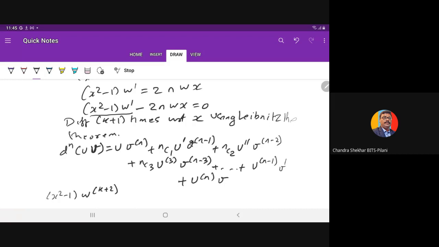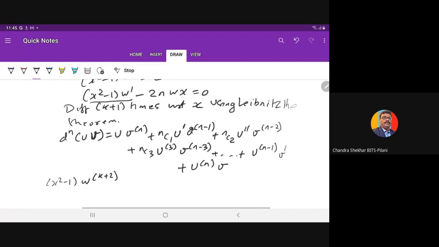Then plus k plus 1 C1, the first derivative of x square minus 1, that is 2x, and the kth derivative of w dash, which is w to power k plus 1.